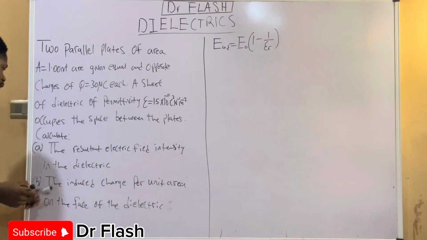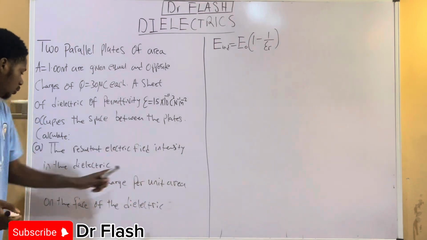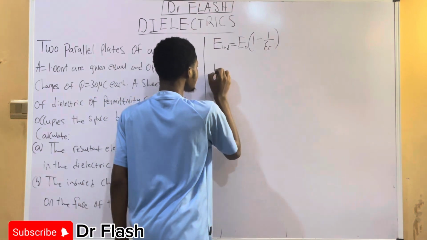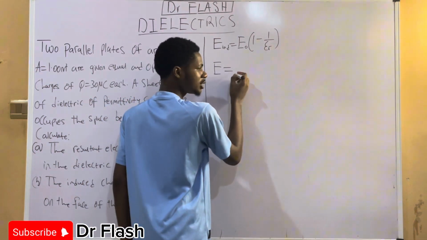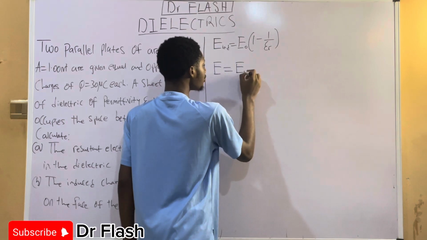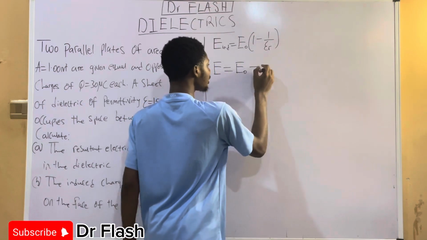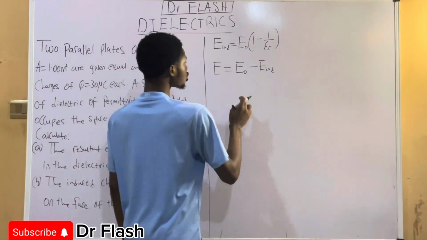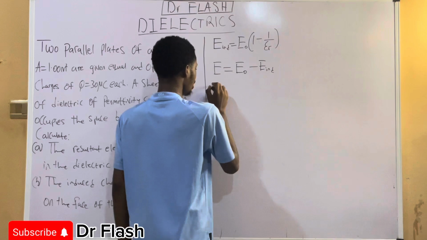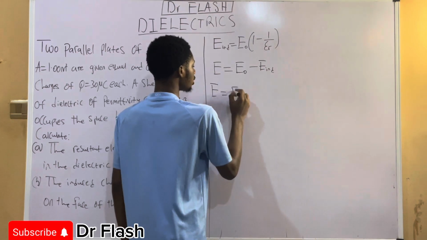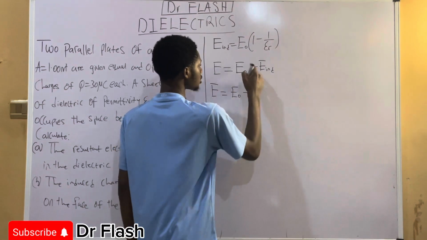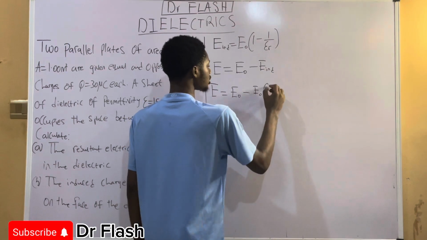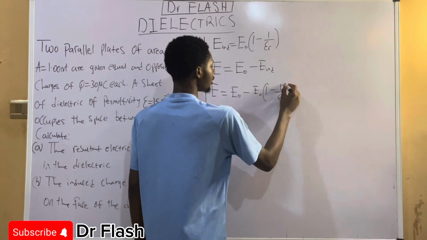Now the question wants us to find the resultant electric field intensity in the dielectric. Remember we also said that the resultant electric field intensity in the dielectric is equal to the initial electric field minus the induced electric field, right? So if we substitute, we're going to have E is equal to E naught minus E naught in brackets 1 minus 1 over relative permittivity.